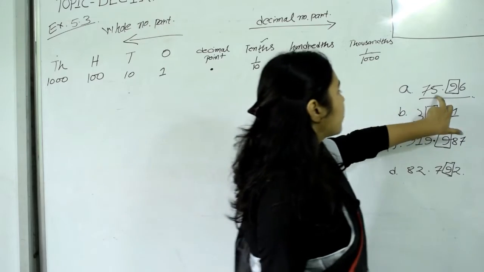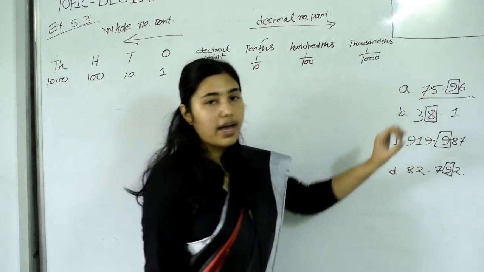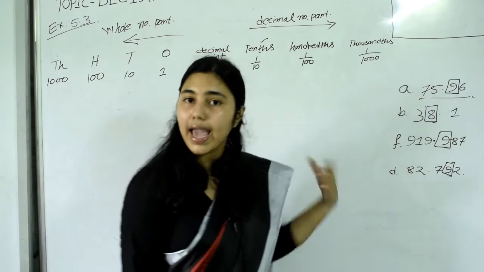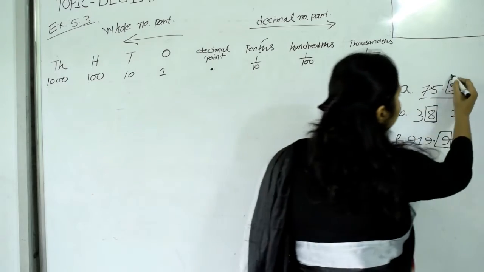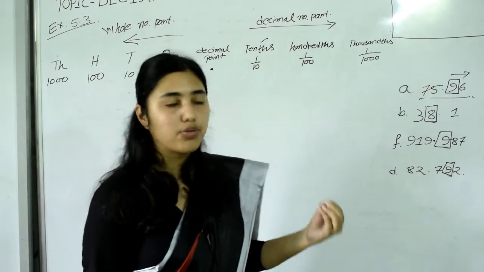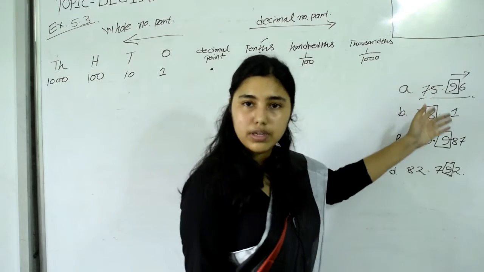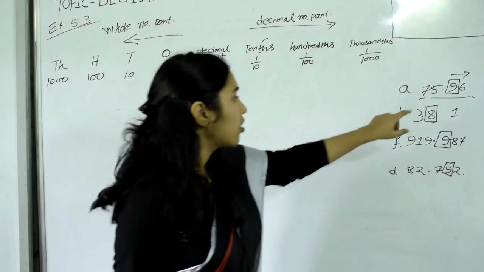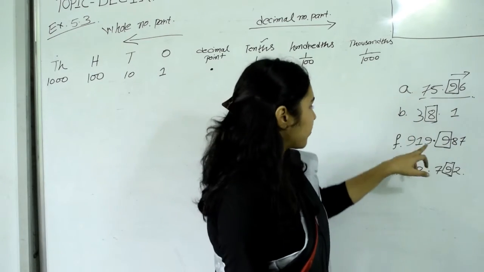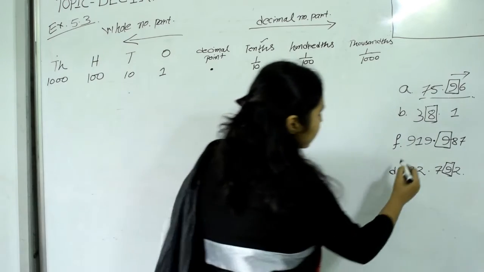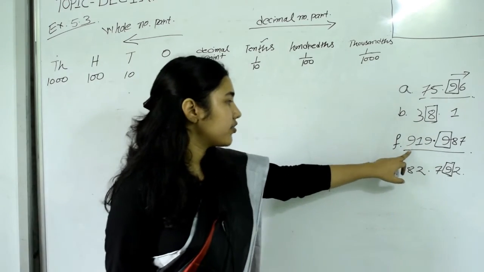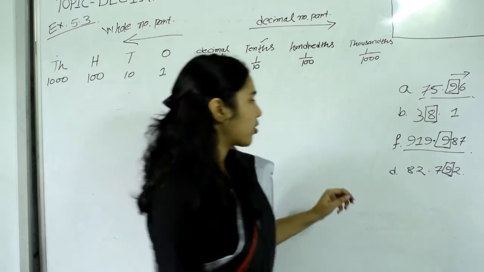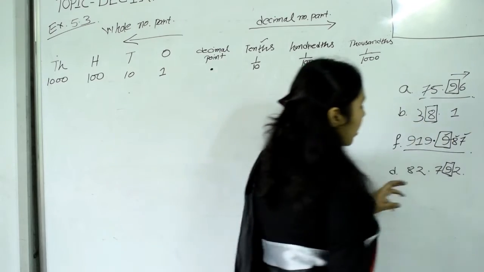So first read this number as 75.96, the whole number part as usual, and the decimal part digit wise, 75 point 9 6, not ninety-six. Next, call this number 919.987.